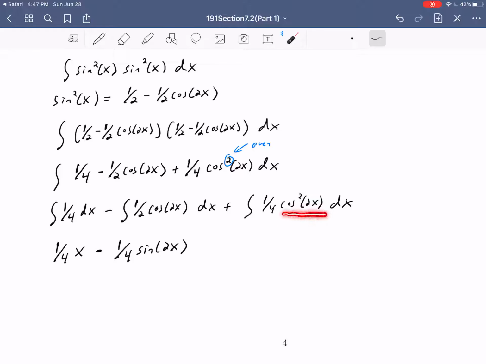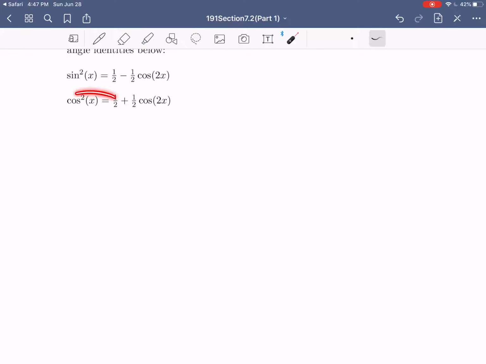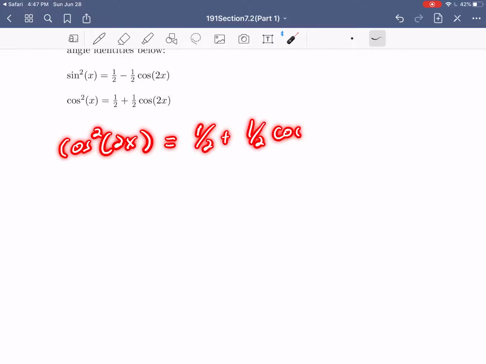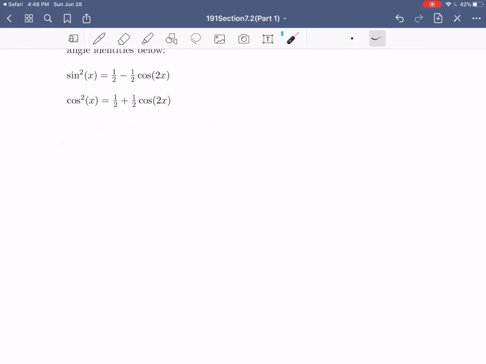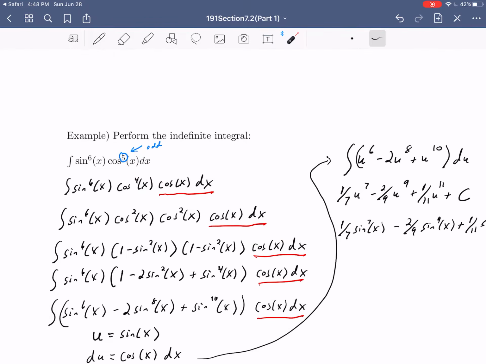Well, it's a cosine squared, so we can use this double angle here. It's 1/2 plus 1/2 cosine 2x. Now, the only difference is that ours is cosine squared 2x. So that should be 1/2 plus 1/2 cosine 4x, because this doubles the angle. So if we have 2x in there, we're now going to have 4x.